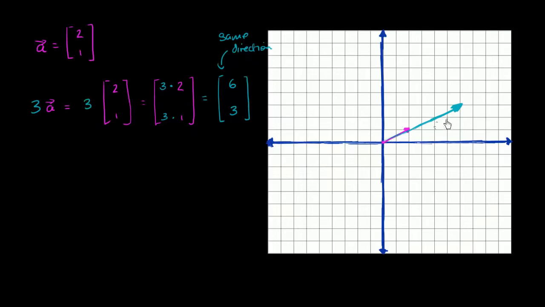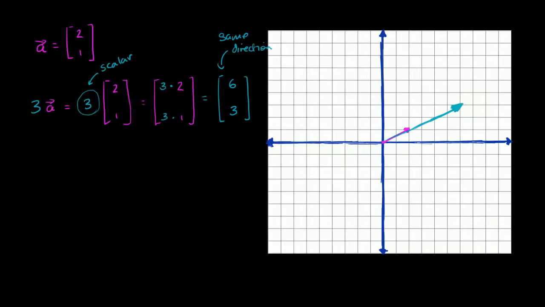Its magnitude is now 3 times longer, which makes sense because we multiplied it by 3. One way to think about it is we scaled it up by 3. The scalar scaled up the vector. That might give an intuition of where that word scalar came from. When you multiply by a scalar, it scales a vector. It increased its magnitude by 3 without changing its direction.